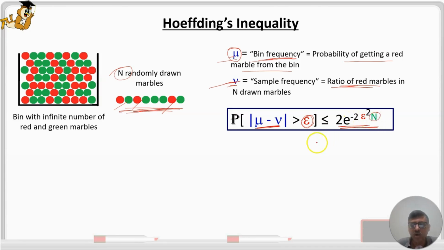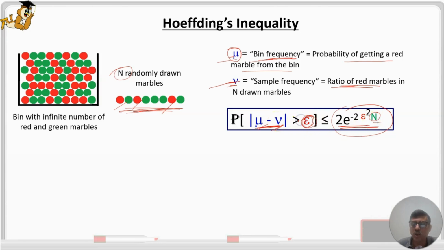Now what you imagined is borne out in this equation. As n increases, this quantity is going to decrease, which means the probability of mu deviating from nu is going to go lower and lower, right? So mu and nu are going to come close to each other as n increases.